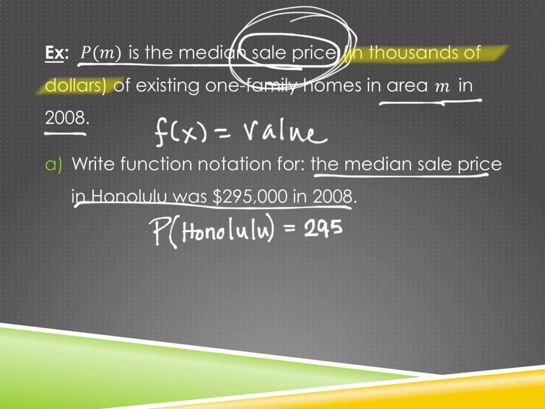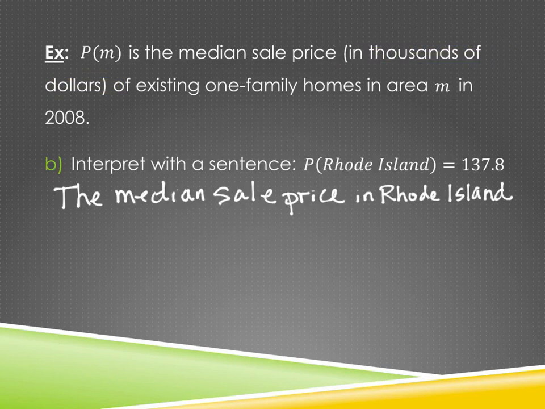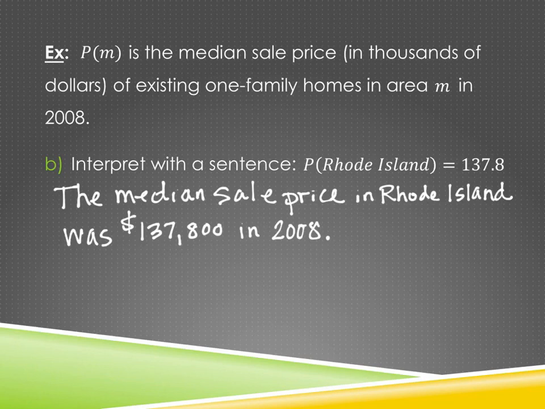This one said was $295,000 in 2008. Ours on part B was what? Thank you. Yeah. 137,800. We do need a dollar sign, right? Just like the last one had a dollar sign when it was given. 137,800. What else do I still need? In 2008. Yes. In 2008. We're grounding our information by pinpointing a specific point in time.